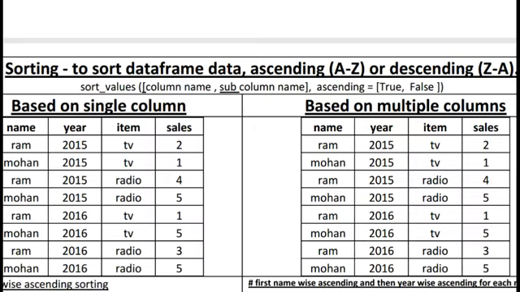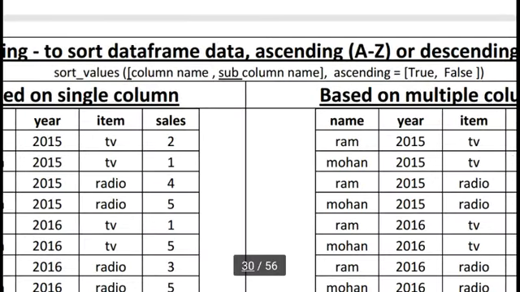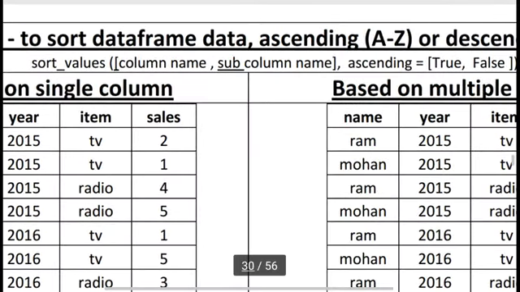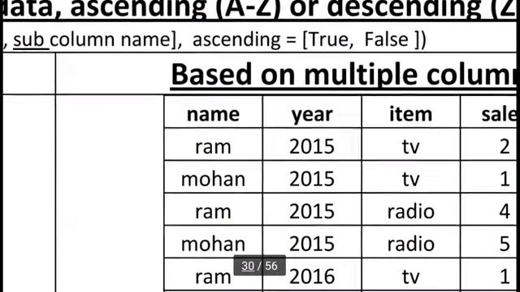Always remember this method, and mention the column name you want to sort in ascending or descending order. By default ascending is always True, but if you want descending you can use False. So here ascending is True or False.